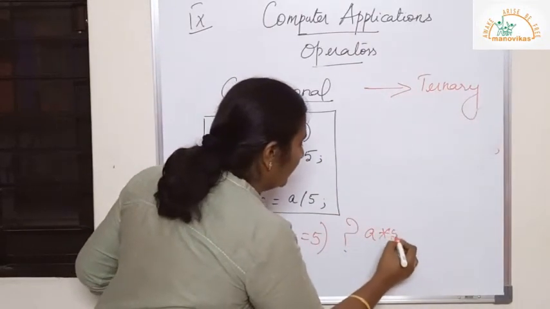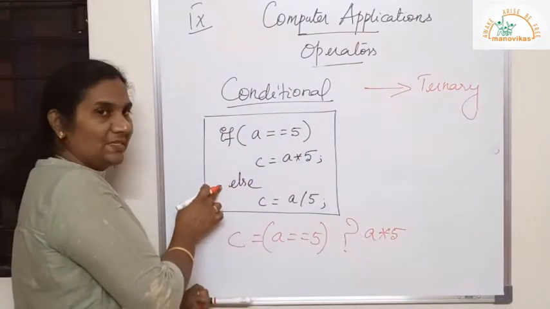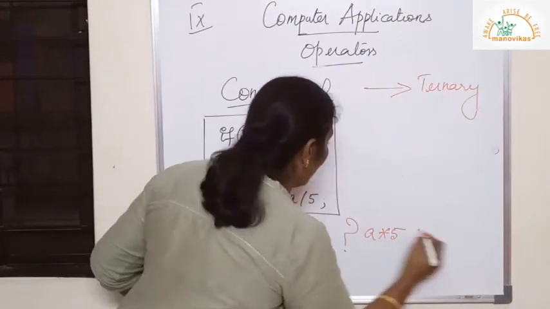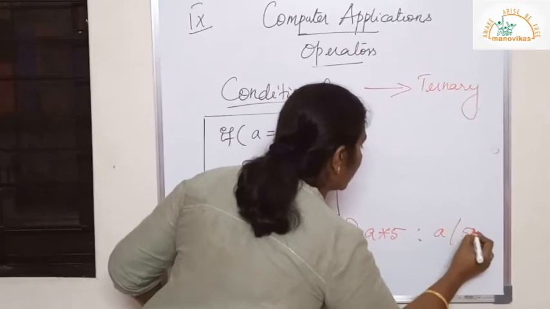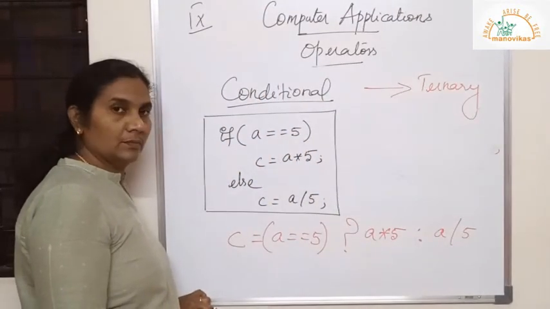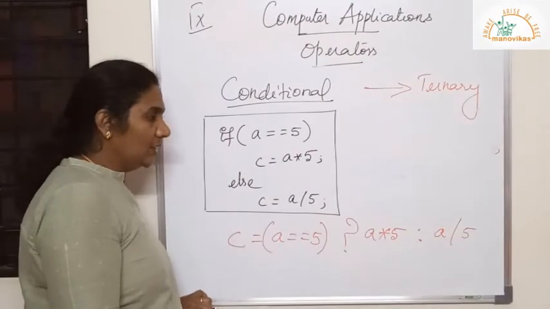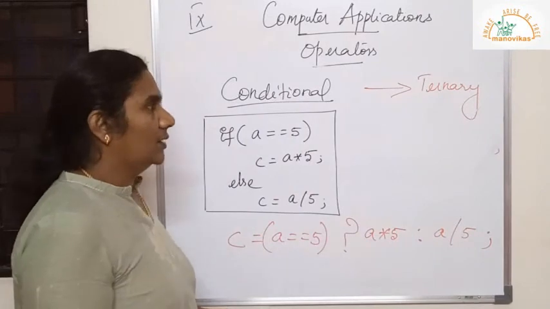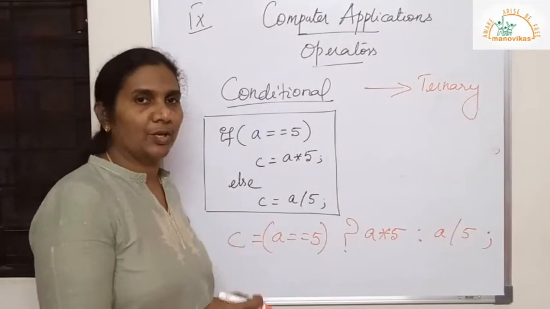And else means when the condition is false, it moves over here. So that means when it is false, do A star 5. Is it clear? Okay, ending with semicolon. I hope you all understood these ternary operators.